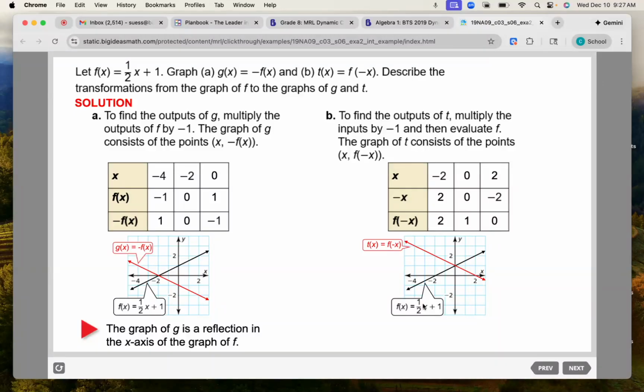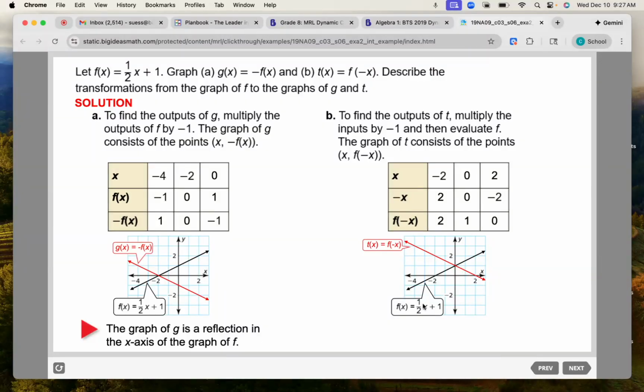Either way, it works. For the first one it says negative f, and for this one it's minus x, so it's f of negative x. So how do you graph the y and the slope? It's the same equation, except this is negative.